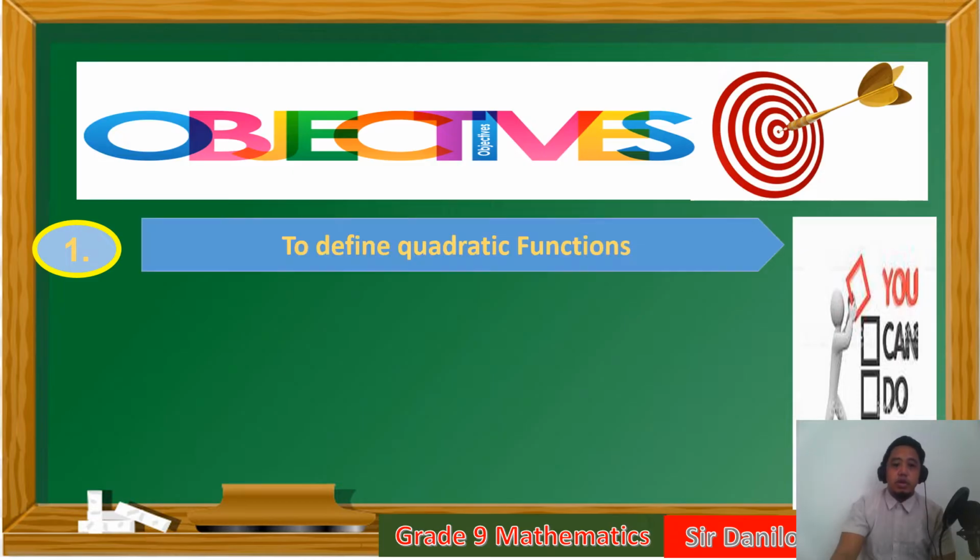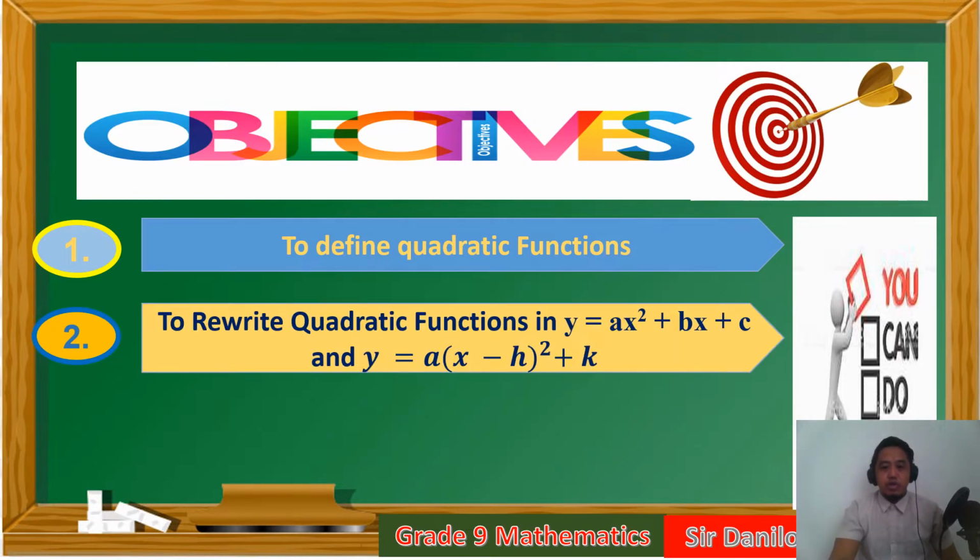Number one is we're going to define quadratic functions. Okay, ano ba yung quadratic functions? Number two, of course, we're going to write quadratic function in y equals ax squared plus bx plus c, and y is equal to a times (x minus h) raised to 2 plus k.